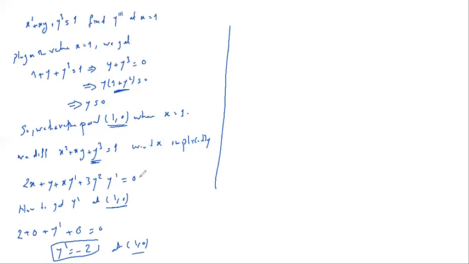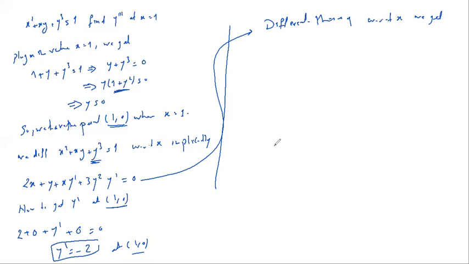Again, to get y double prime, we differentiate this equation with respect to x. We get the derivative of 2x is 2, and the derivative of y is y prime, plus the derivative of xy prime is a product of two functions, using the product rule.